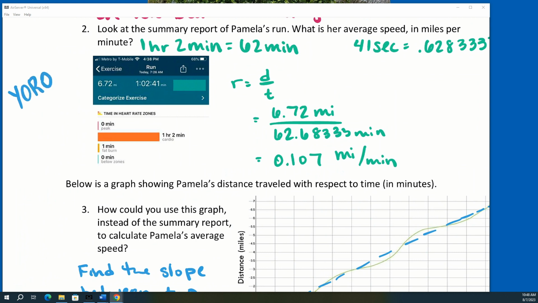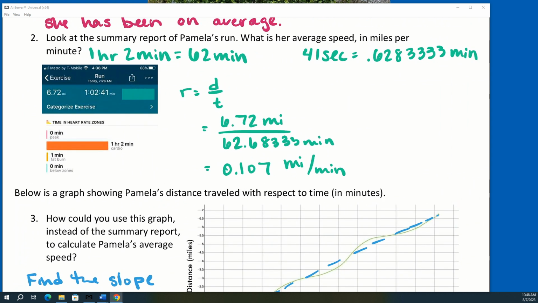So when you do something in the calculator, don't round in the middle of the problem. So when you get this decimal for 41 seconds, you use that number again, just either bring it back up, which you can't really on this problem, or just put a whole bunch of threes at the end. So you want to be accurate to three decimal places.